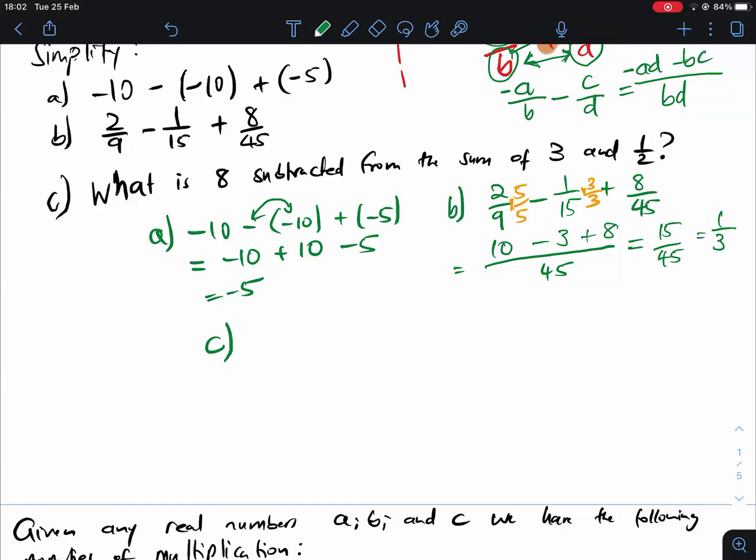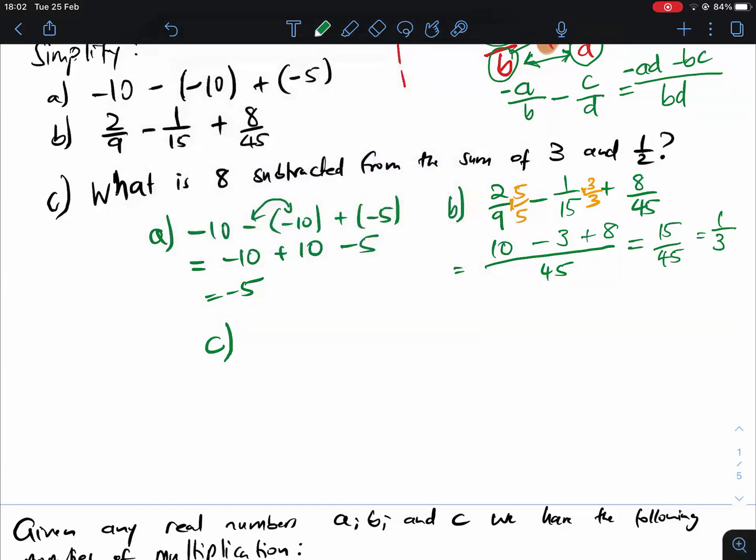Oh, okay. So they're basically saying 8 minus the sum of 3 and 1/2. So basically they're saying 3 plus 1/2. So is that what I should write? You tell me what I must write.